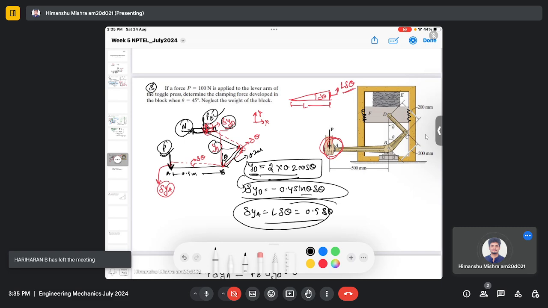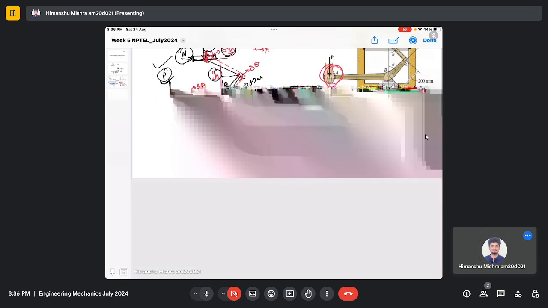But here you don't need to do that. You need to identify only the active forces which are responsible for creating the virtual work done. So you don't need to consider this force N, because there's no virtual displacement associated with it. So this is not an active force. Only P and Fe are active forces, so these two forces we need to consider.